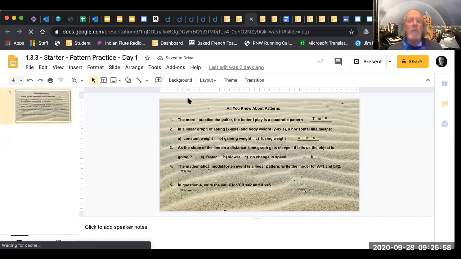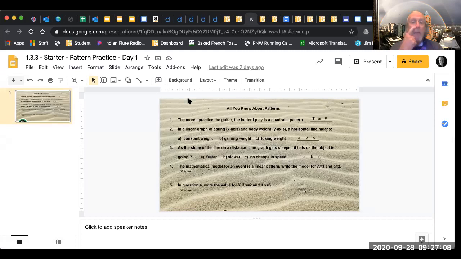In a linear graph of eating and body weight, a horizontal line means what? As the slope of the line on a distance time graph gets steeper, what does that mean? And I want to know the mathematical model for an event with a linear pattern, if A equals 3 and B equals 2. And then number 5, substitute for X equal 2 and X equal 5.